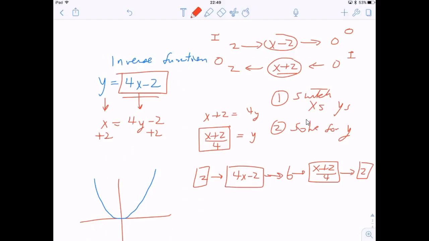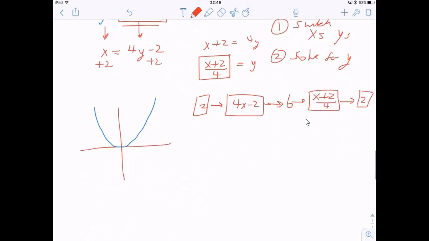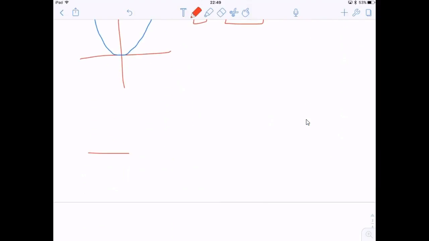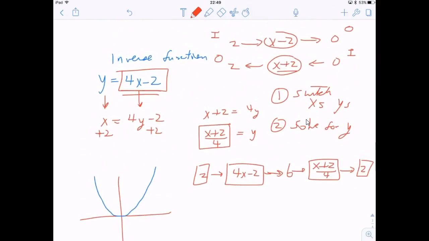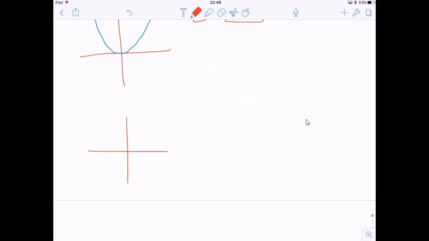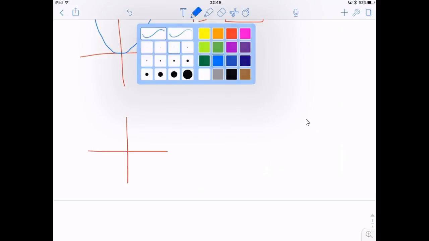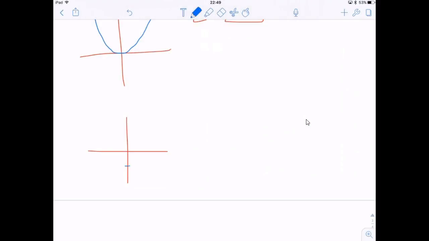Another thing you might notice about inverse functions is, let's say your function is 4x minus 2. If you graph 4x minus 2, it is a diagonal line which intersects at y equals negative 2 and has a slope of 4. Okay? It looks kind of like that.